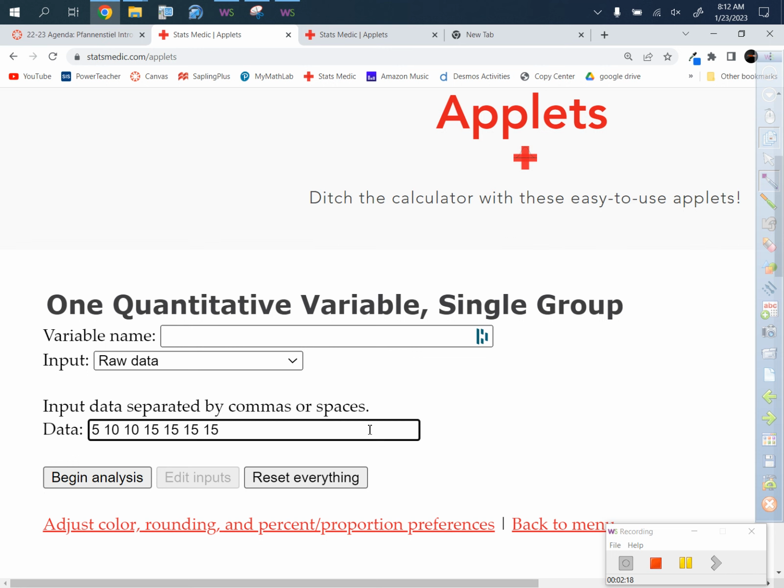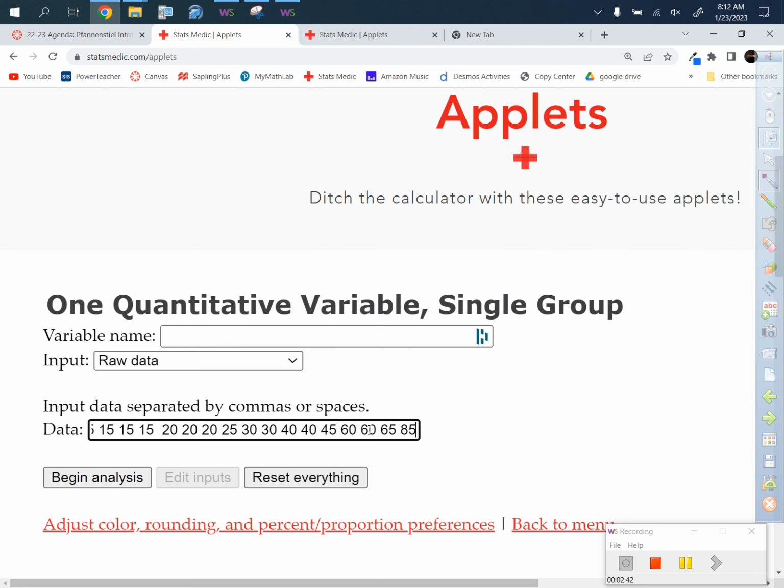And then a 20, and a 20, and a 20, and then a 25, etc. There's a 40, and a 40, and a 45, and a 60, and a 60, and a 65, and an 85.